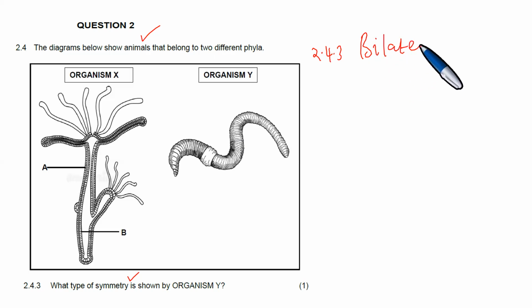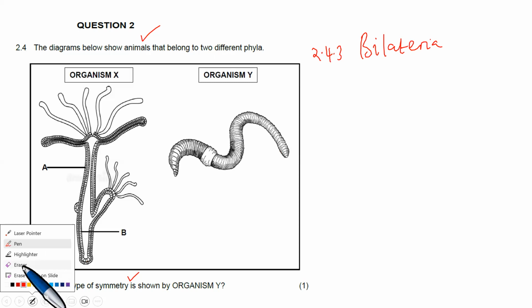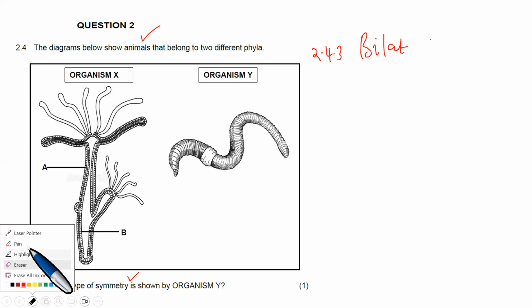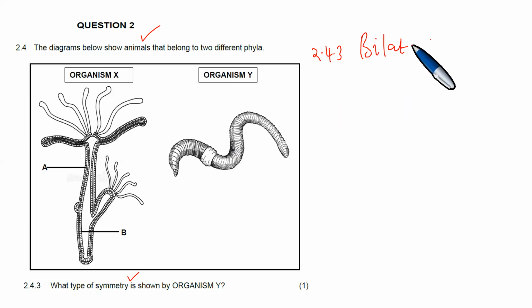So the similarity of one part to another part is called bilateral symmetry. What kind of symmetry is observable here? It's bilateral symmetry, because one part has similarity with another part of the organism. Okay, next point.